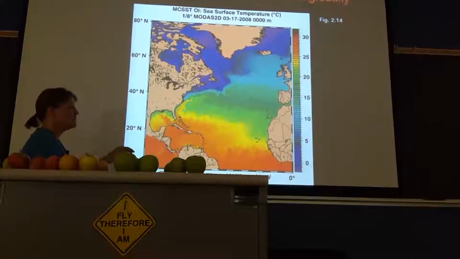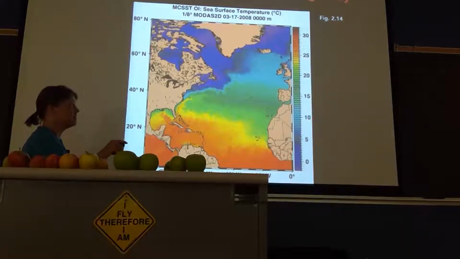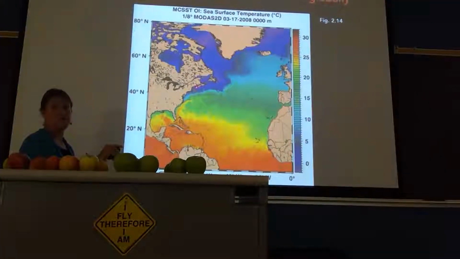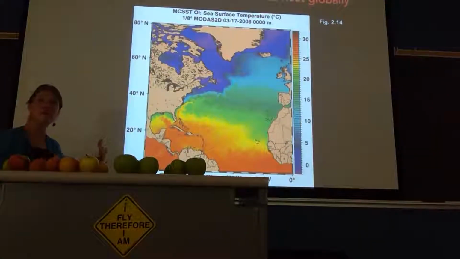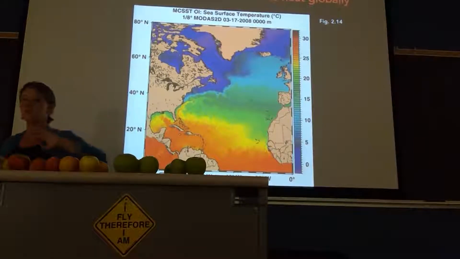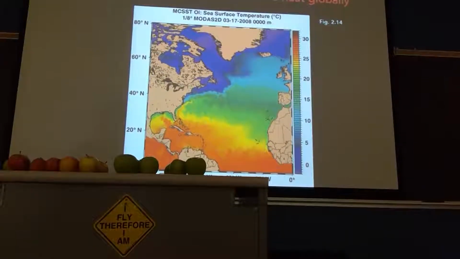Okay, that's a big difference of like 10 degrees Celsius, between running around in your shorts and wearing your parka all the time. Okay, that's because of unequal heating and the Coriolis effect moving ocean currents and with it temperature around the globe.